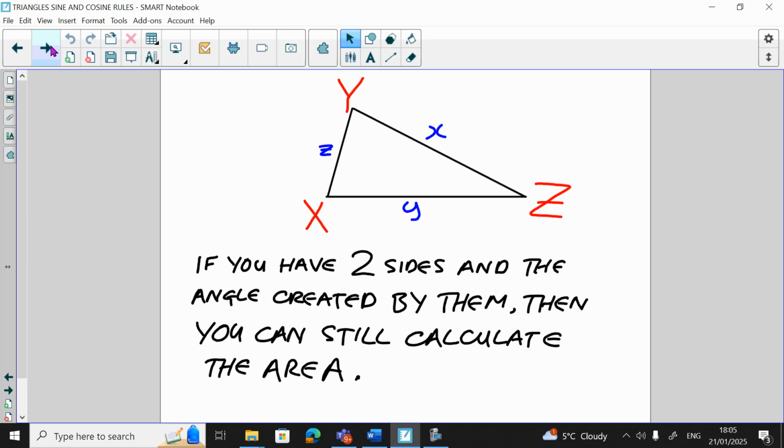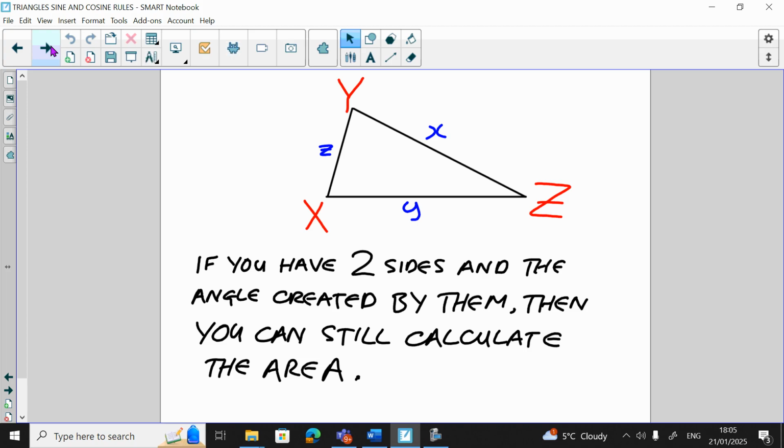So here, what we need to have is two sides. As long as we've got two sides and the angle that's between them, or I used the wording created by them, then we can still get the area.